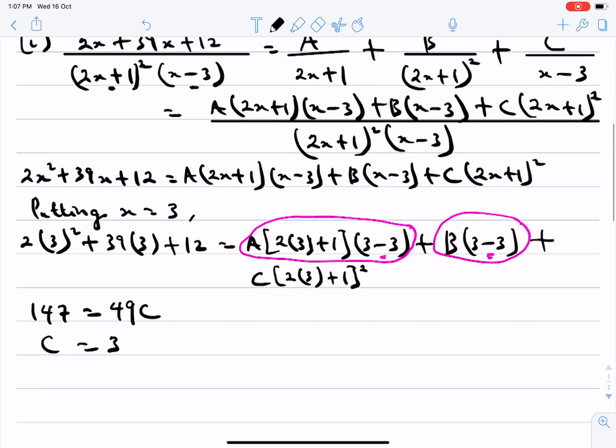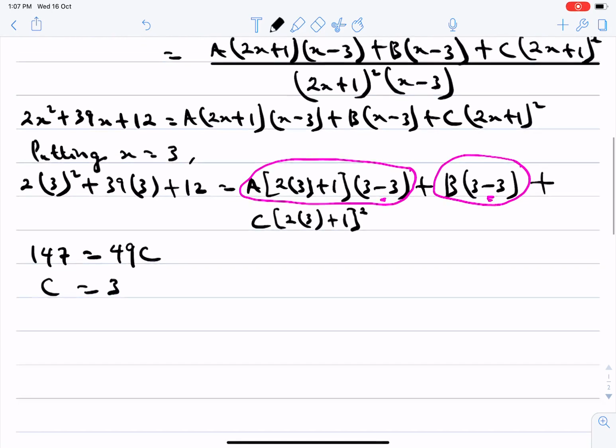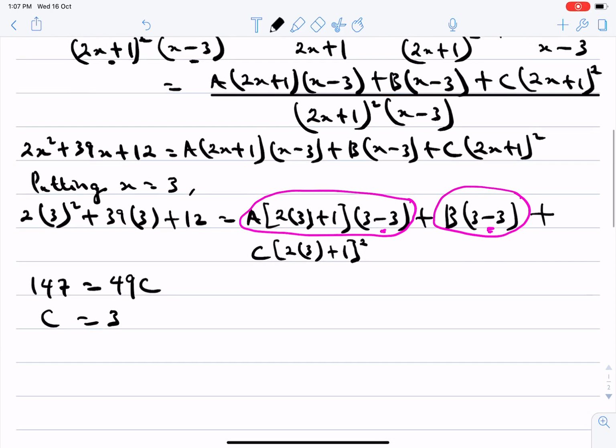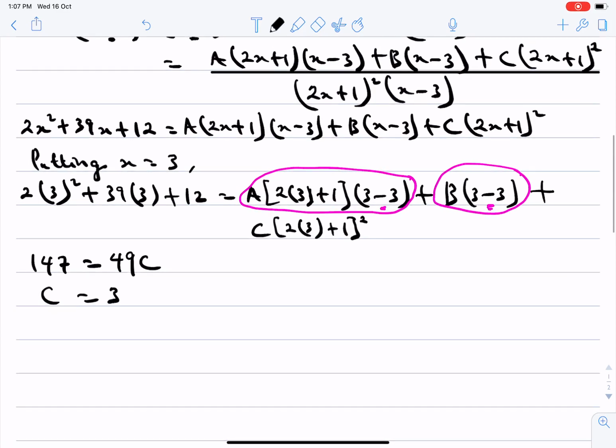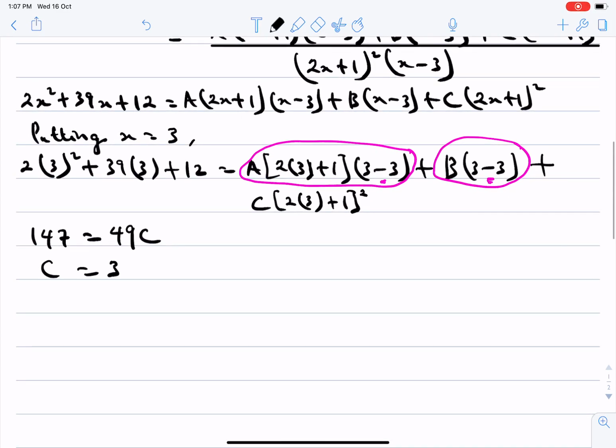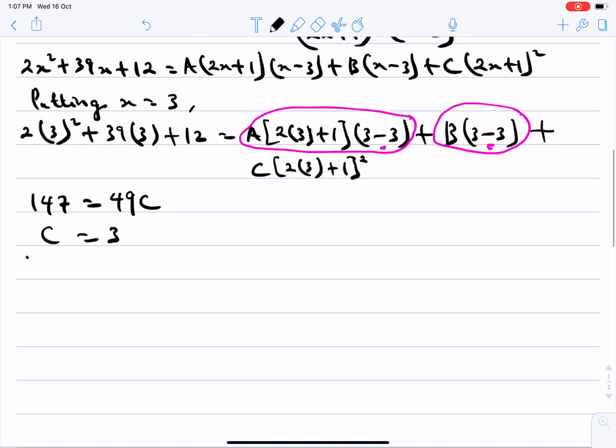Now what else can we put in the identity to get the value of another constant? Let me put x equals minus 1 over 2.